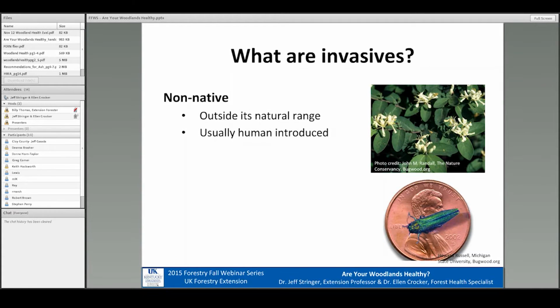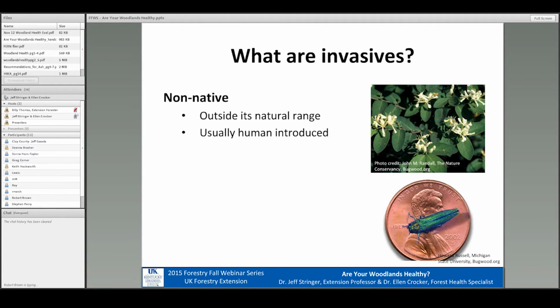In the case of many plants, people thought that they would be great ornamentals, or perhaps accidentally introduced them with wooden packaging material, as is thought to be the case with emerald ash borer. And even in some cases, you can have native invasives, and those are due to some change in the environment or the landscape.